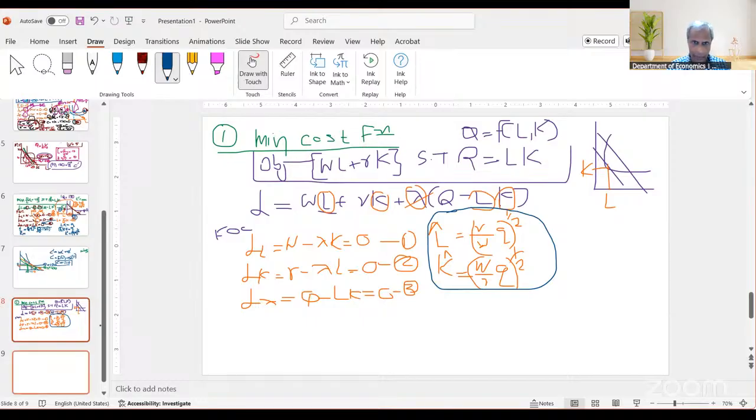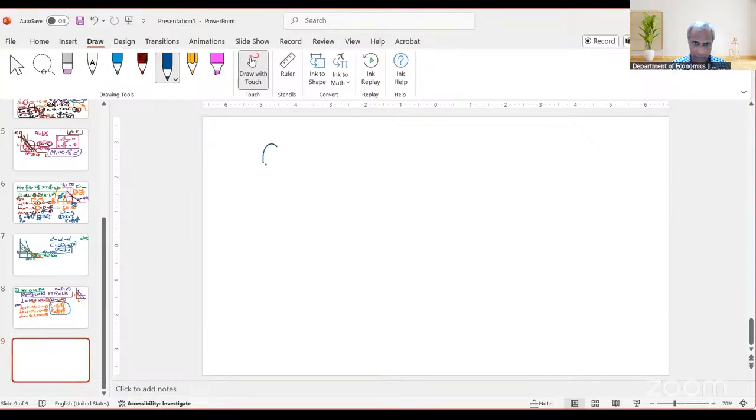Go to the next slide. This is the cost: W L plus R K. Now if we plug these optimal values here, let's say L hat and K hat, we get C star. That's what we call the minimum value.